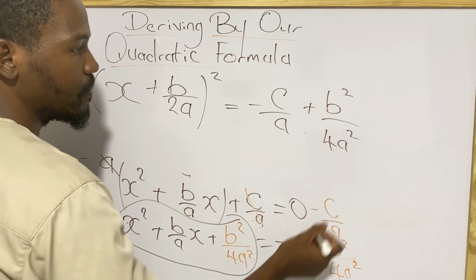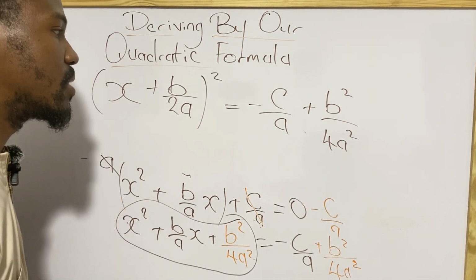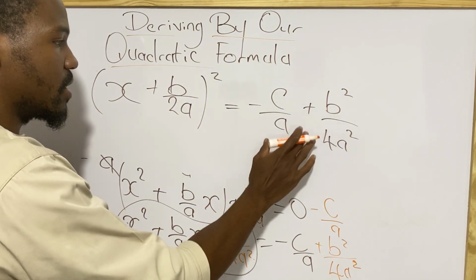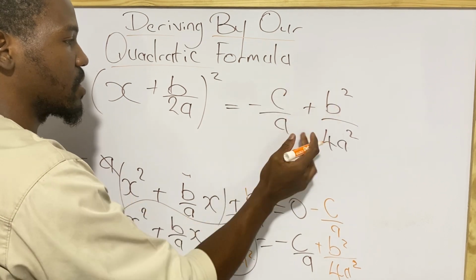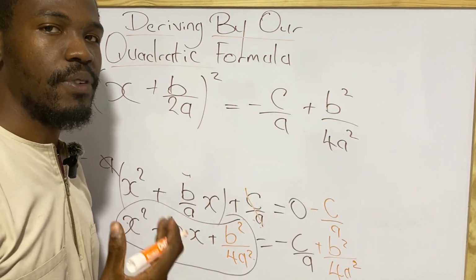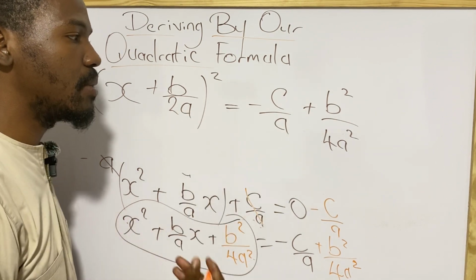Now, one of the things that you have to bear in mind is that in order for us to add fractions, we need to have fractions with like denominators. They need to have the same denominators.